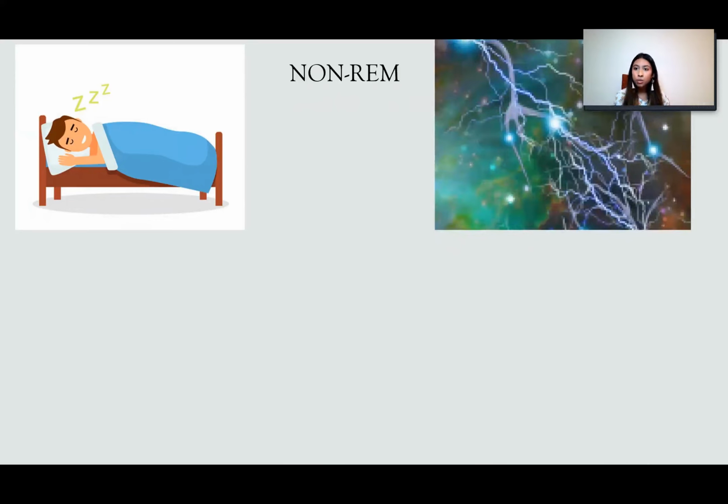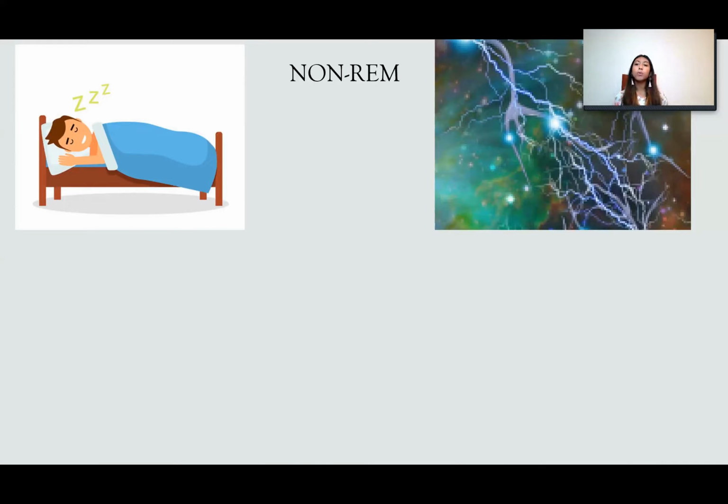Then stage 2 begins, and stage 2 lasts for about 50 minutes. In this stage, a series of electrical sparks come out of our cerebral cortex, and these are called spindles. These spindles are very important because they help us to store a lot of things that have happened throughout our day. So literally, our spindles can make us even more intellectual because our brain makes so many more connections when we're asleep than it can make when awake.